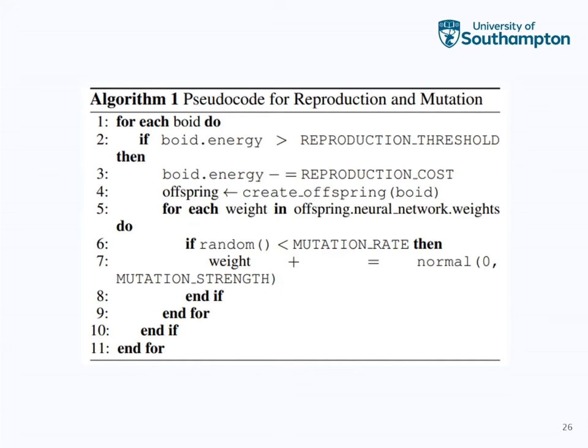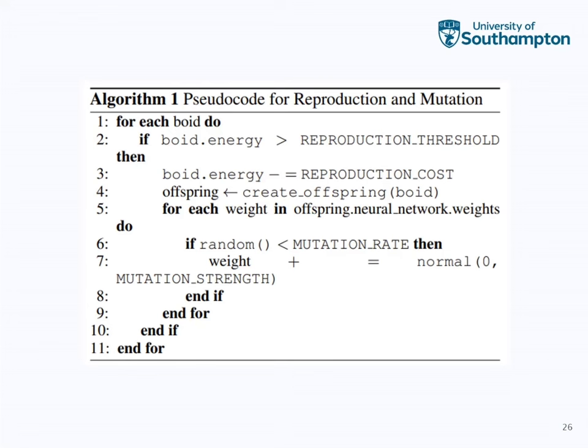So there is no explicit selection. The reproduction here, in this current simulation, is not autonomous; there's no neural network output to control the reproduction. When the boy reaches a certain amount of energy, it will reproduce and reduce some energy.